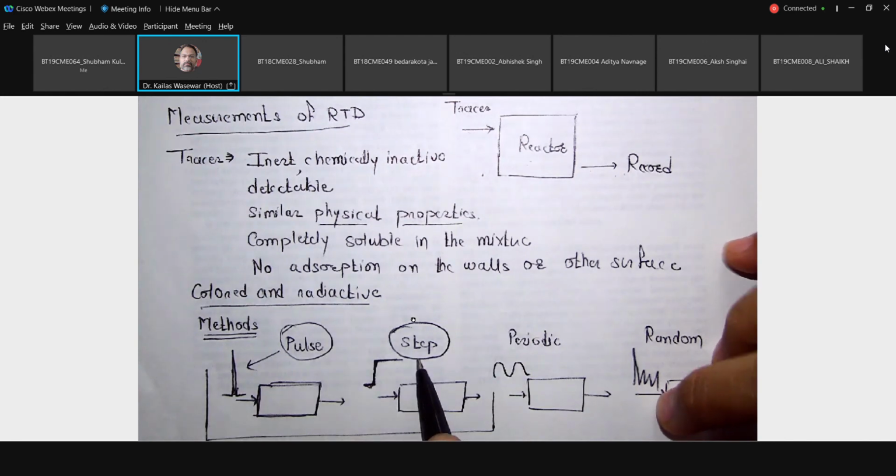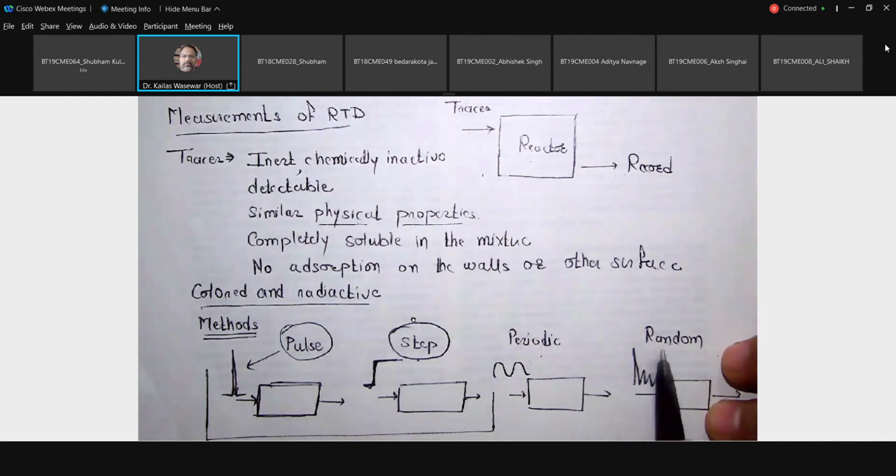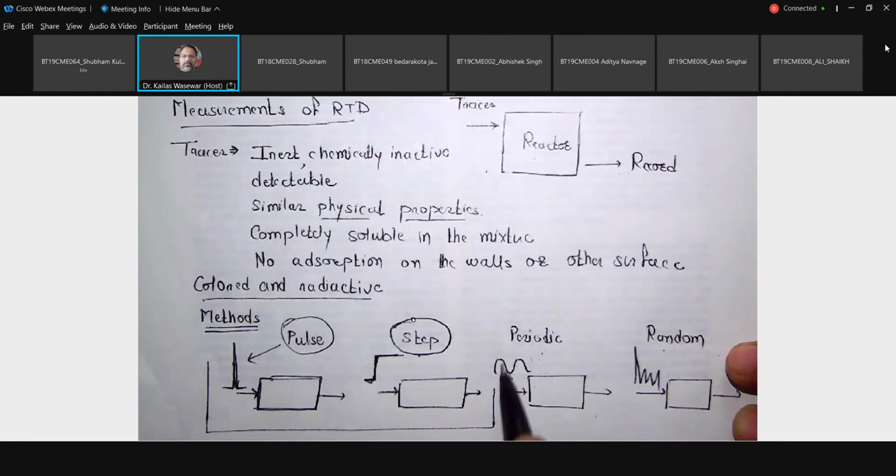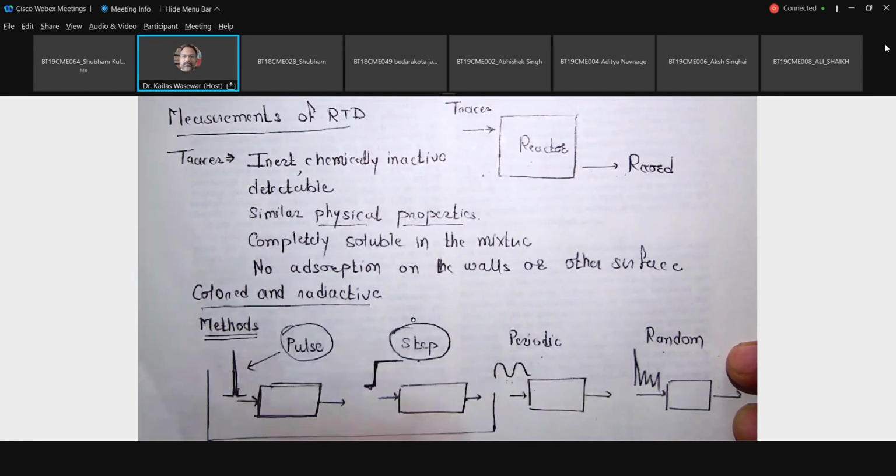Similarly in the other cases, but it will be very difficult to express mathematically, because you should know the input function. It is somewhat easy for periodic because the amplitude is fixed, but for random it will be very difficult to quantify in terms of the concentration function with respect to time.